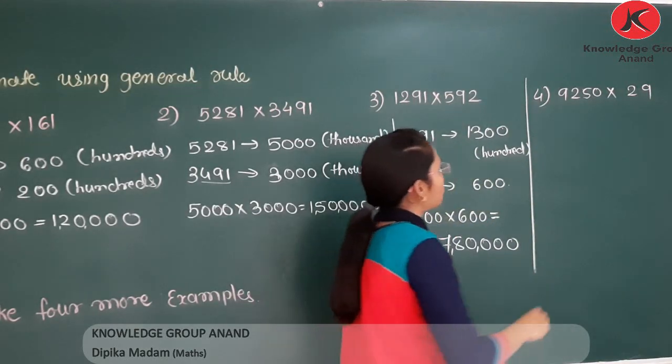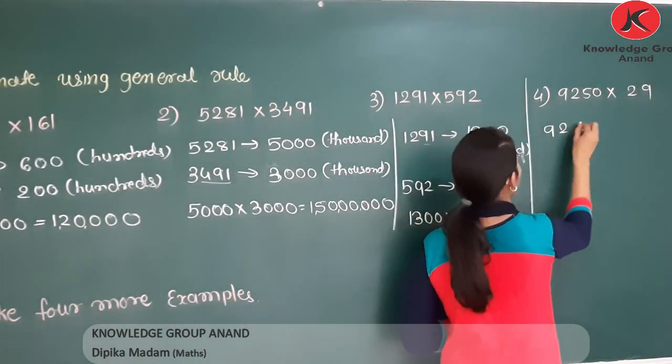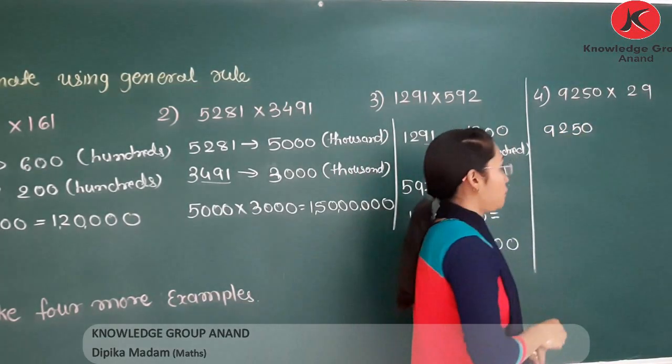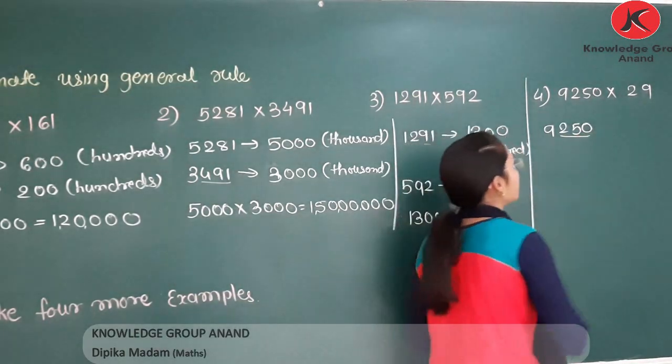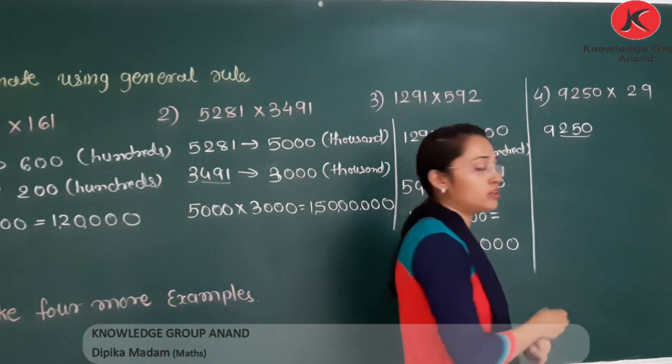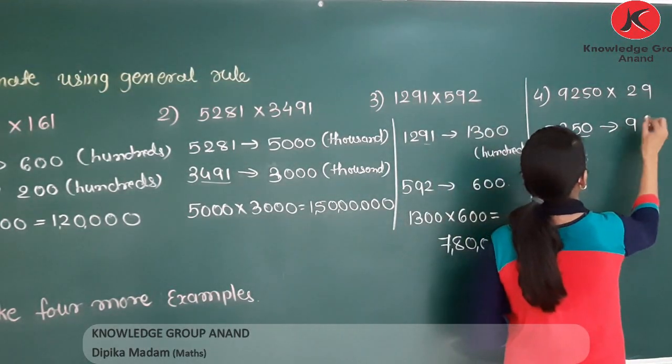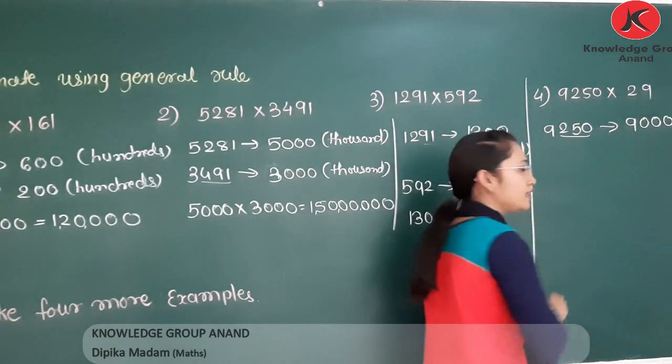Now next one. If we perform the 1000 estimation for this one, then it is nearby 9,000.